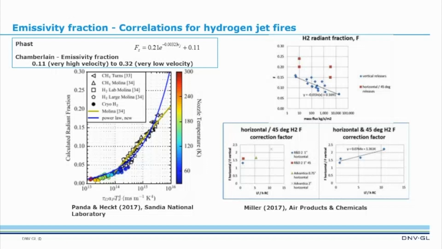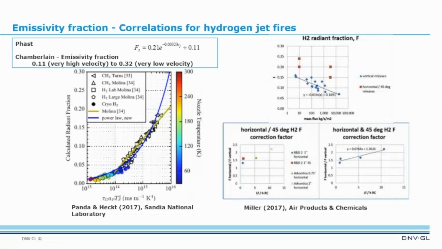So again, to be conservative for horizontal flames, it may suggest that emissive fraction should be higher than perhaps the Chamberlain or the Panda correlations, although I believe this does include some horizontal flames as well.